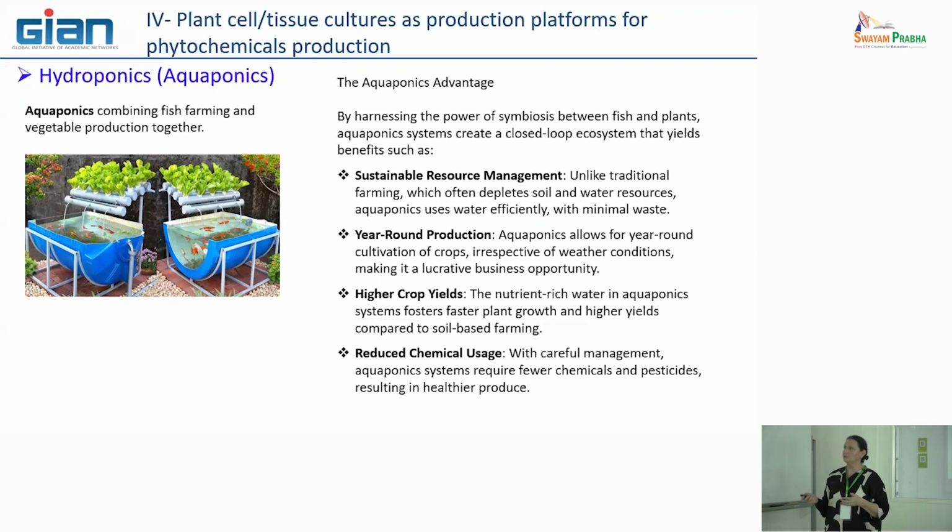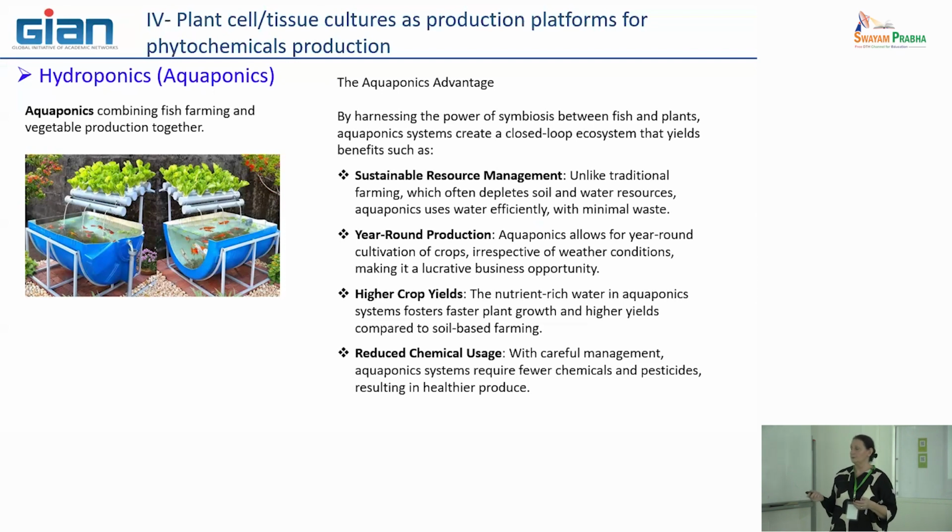It is a real sustainable resource management, unlike traditional farming, which often depletes soils and water resources. Water is used efficiently, not only for plants, but also for animal production.